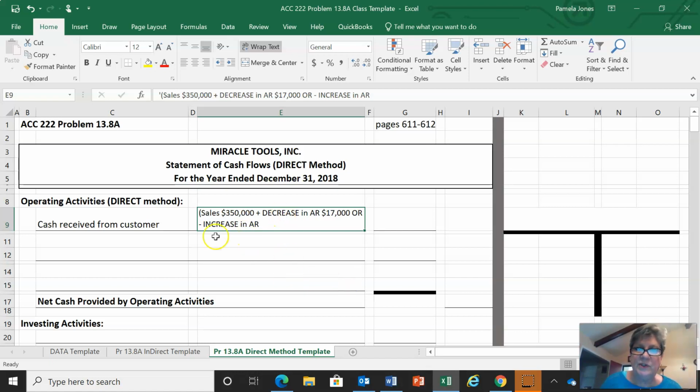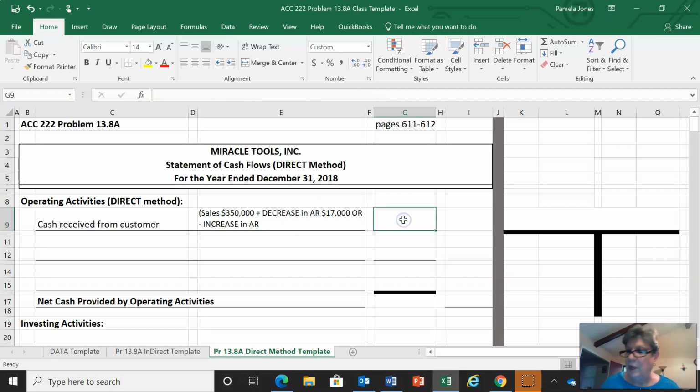But in this case, it was a decrease, so we add it. So we've got $350,000 in sales plus the $17,000 decrease in accounts receivable. So our cash collected from customers is $367,000.